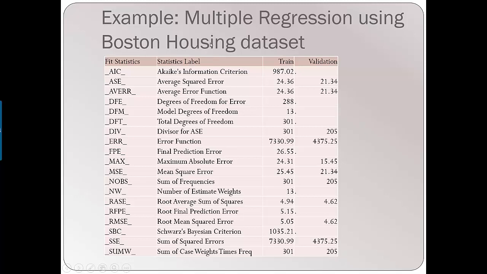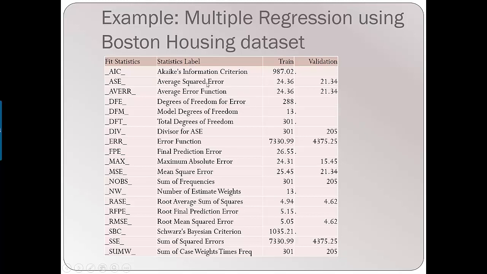So here, this is from SAS, and I have a video on how to develop this for the Boston housing data set. Here you see all the different fit statistics that SAS generates. This is from the trained data set, and this is from the validation data set.